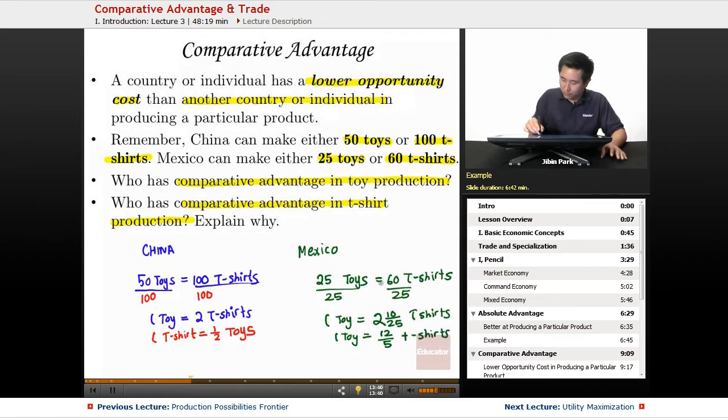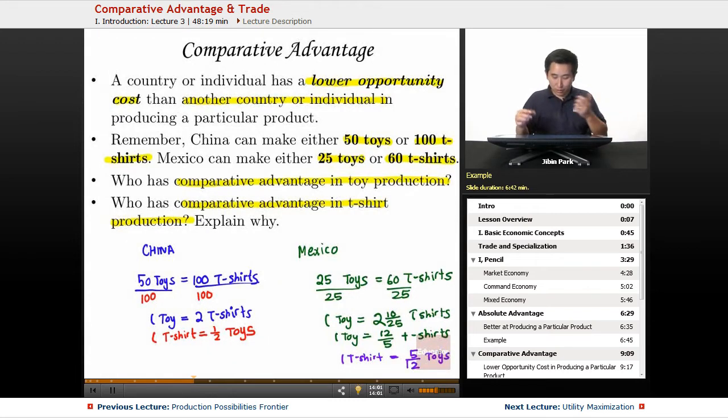Now, we could divide by 60 right here to figure out what one t-shirt equals. But actually, an easier way of doing that would be to find the reciprocal here. So one t-shirt is going to be the reciprocal of this. So one t-shirt equals 5 over 12 toys.